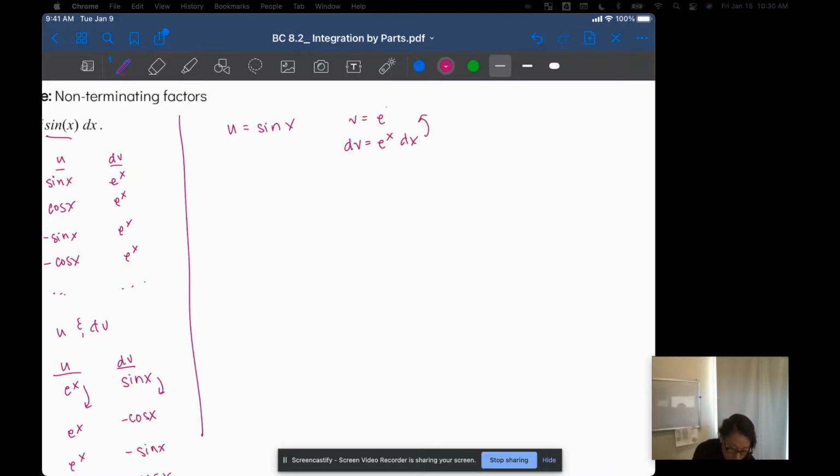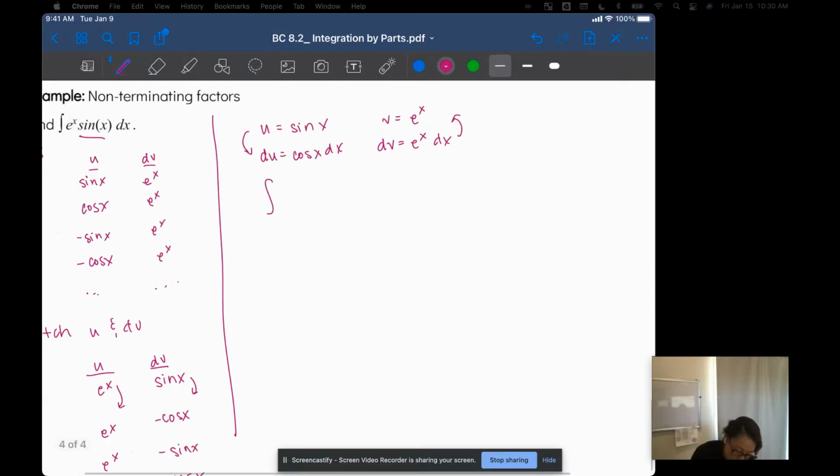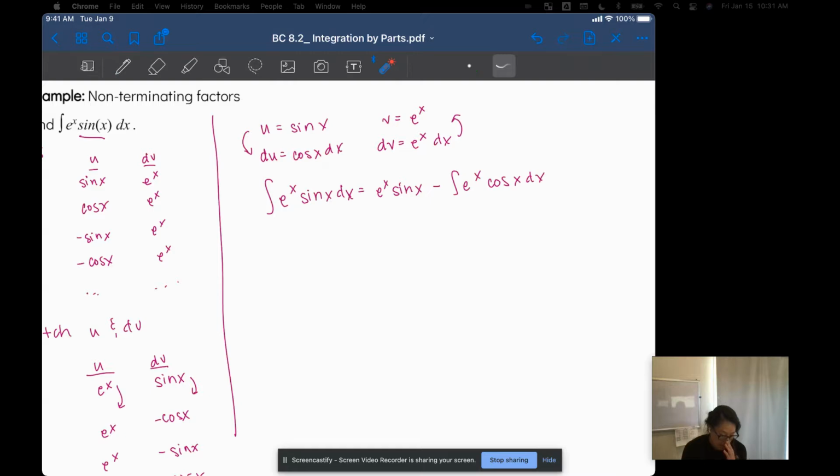I get v equals e to the x, and du is going to equal cosine of x dx. So I end up with the integral of e to the x sine of x dx is equal to e to the x sine x minus the integral of e to the x times cosine x dx.